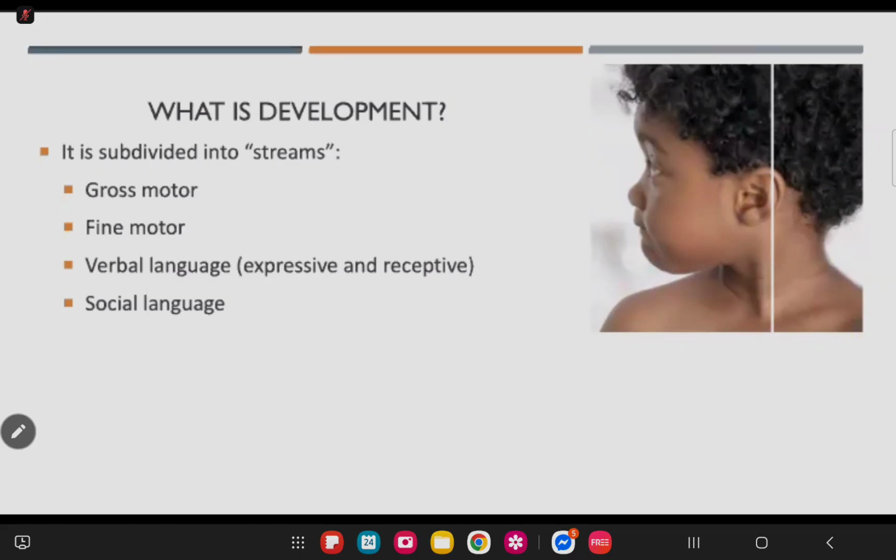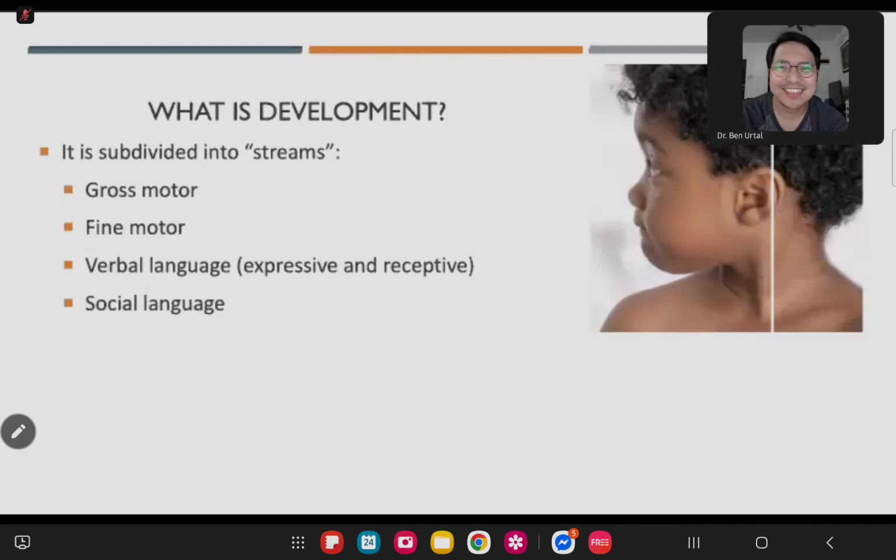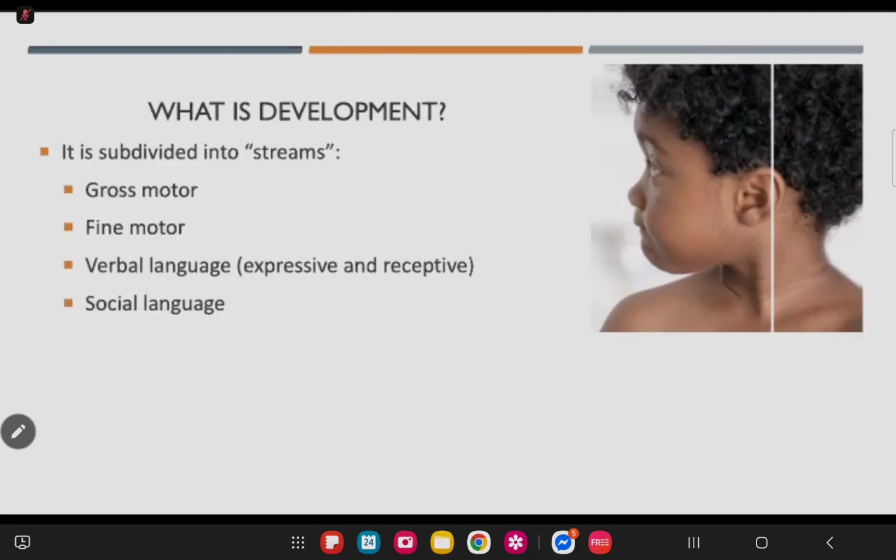Verbal language is expressive or receptive, it's self-explanatory, and your social language is your social cues. So this pertains to babies having eye contact, listening to you, or turning their head towards you when you call them. Okay, or if they express interest in what you are doing. This is what you call your social language.